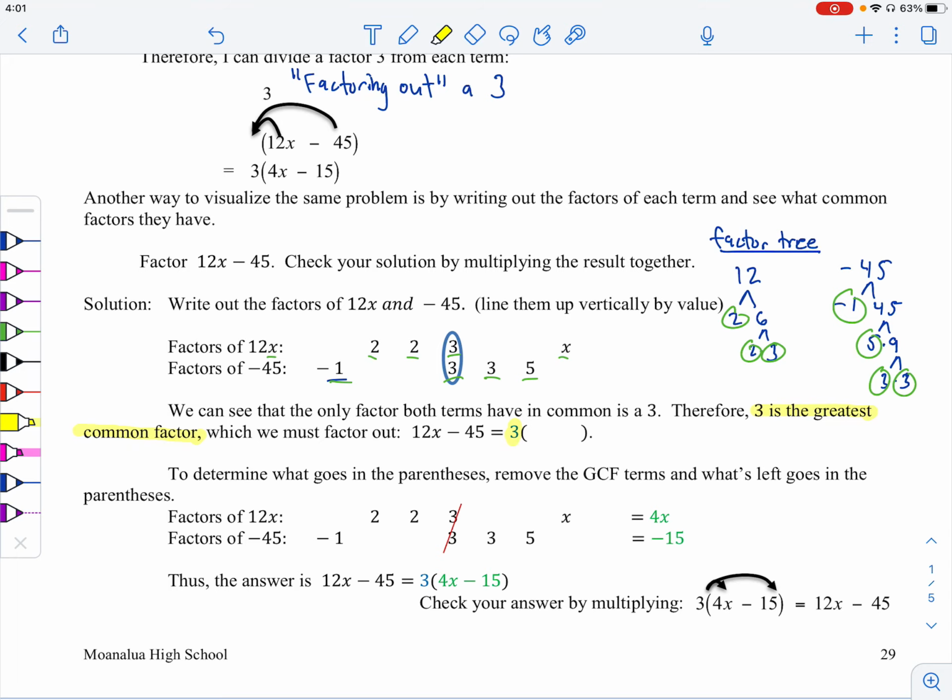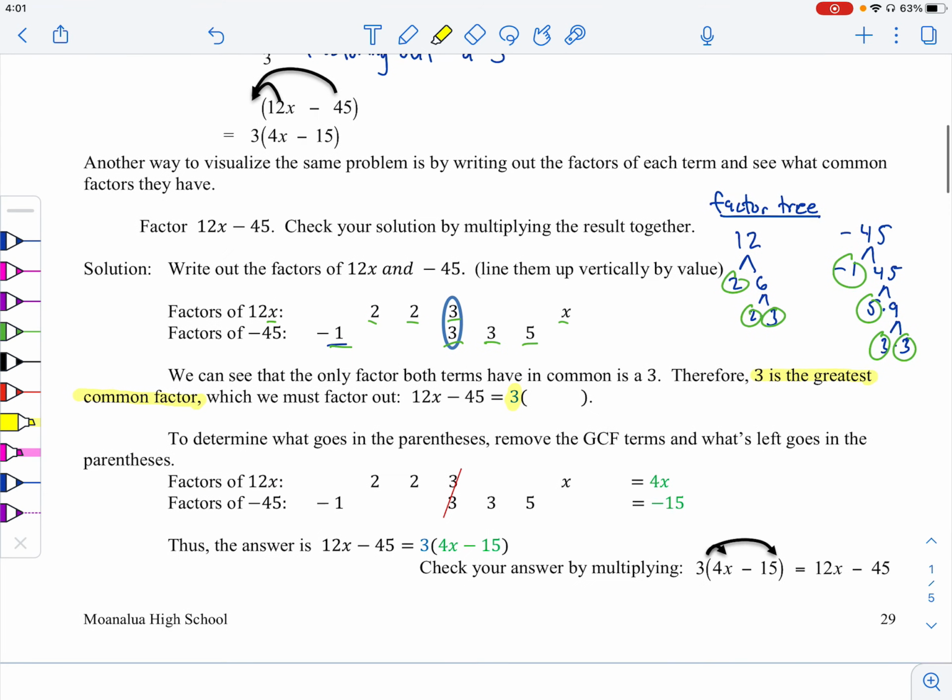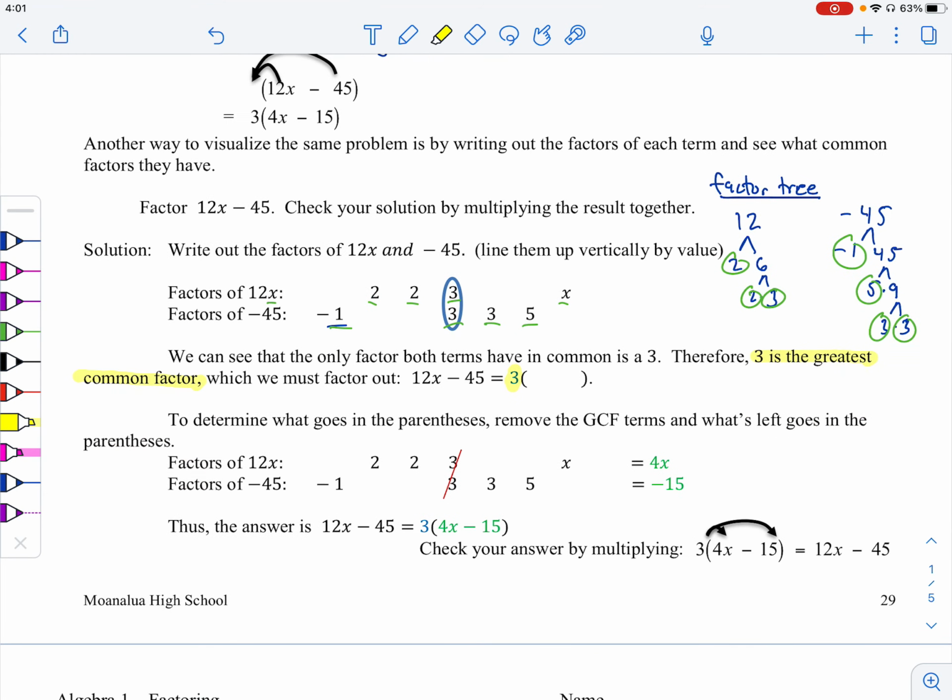Now we just figure out what goes in the parentheses, what's left over. After we take out the 3, we cross that out. When we look at what's left over, we have a 2, 2x, which is 2 times 2 is 4, and 1x.